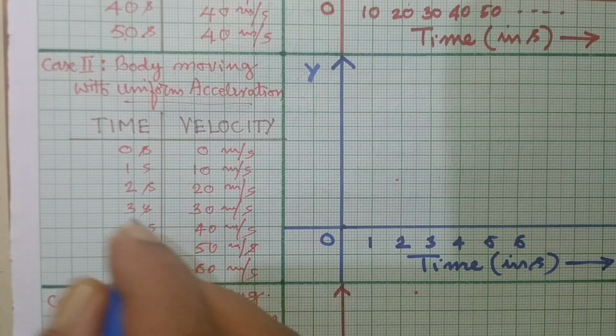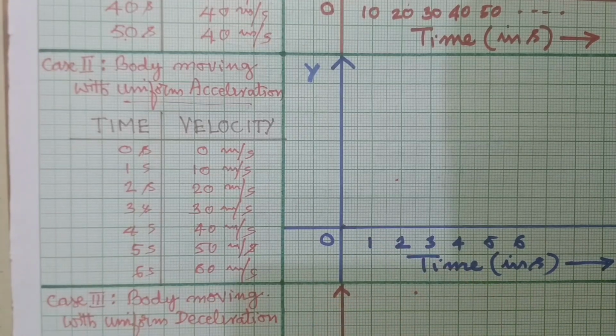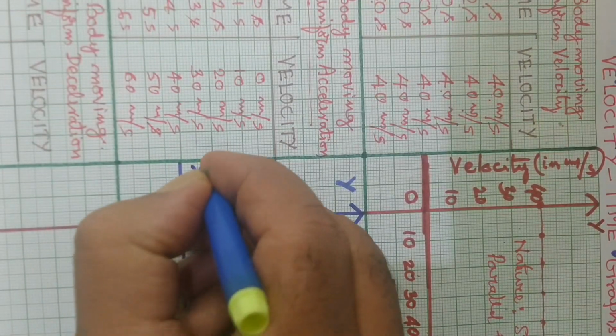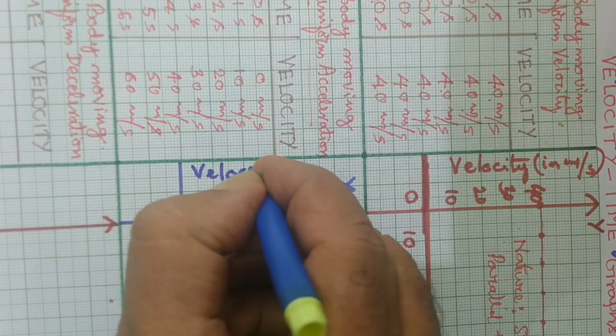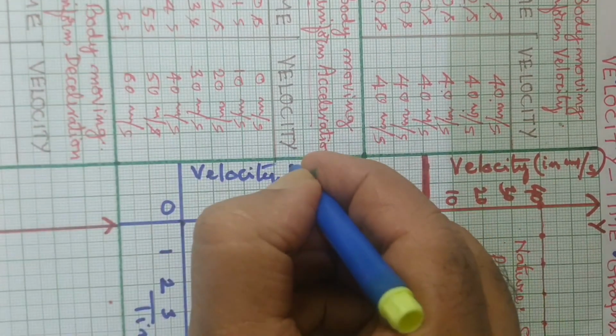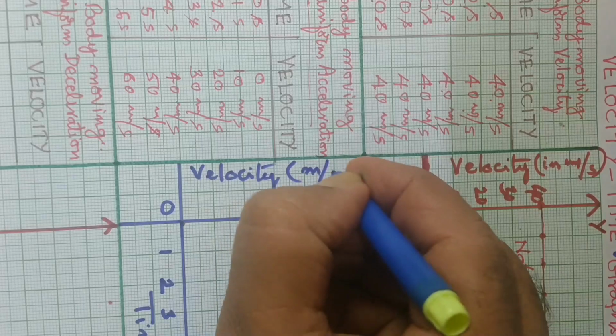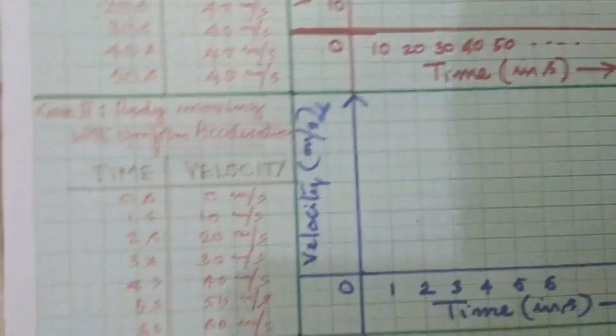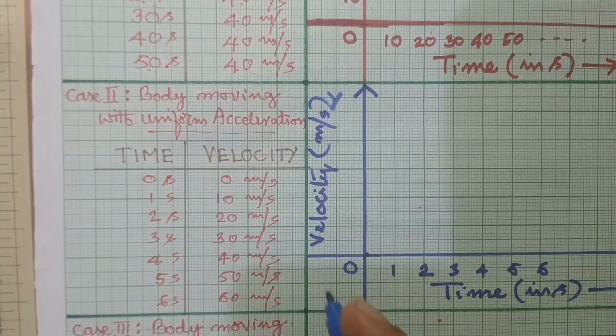Now let us take up velocity on the y-axis. If you take up velocity on the y-axis, I'll just turn the book. Here, I'll write velocity. What is the unit we are taking here? Meter per second. Remember, we are taking time on the x-axis, velocity on the y-axis.